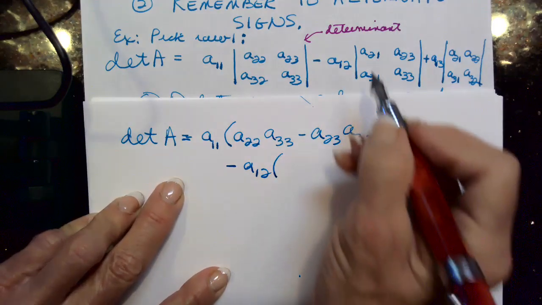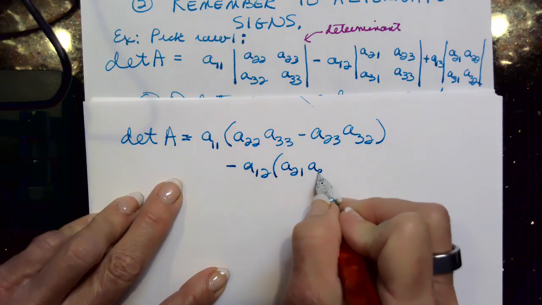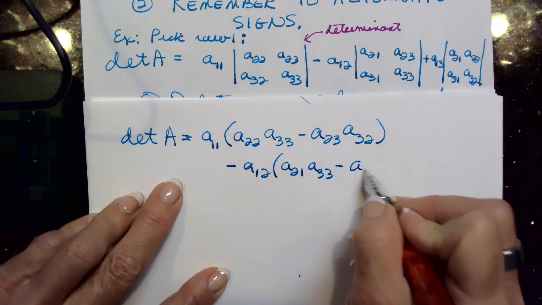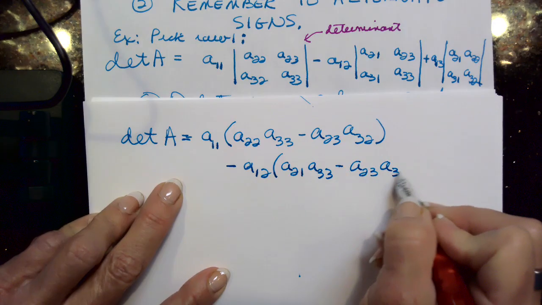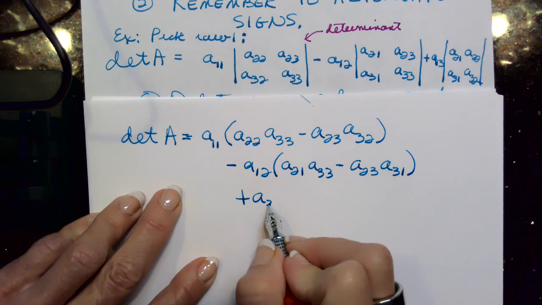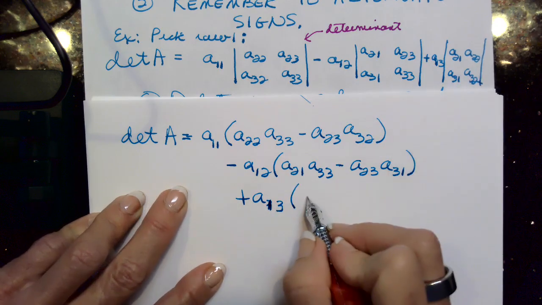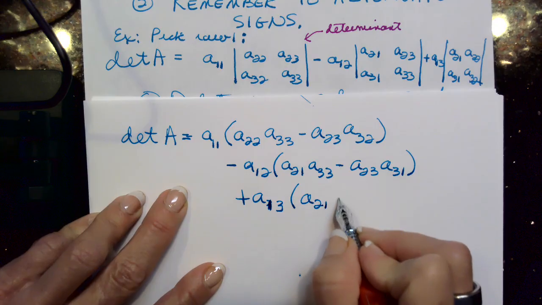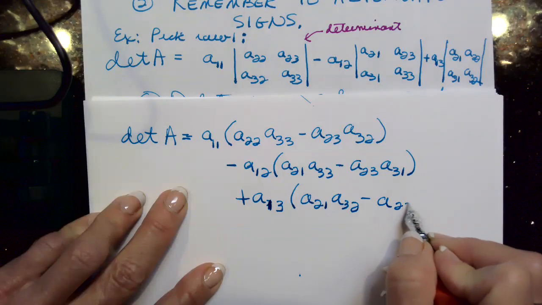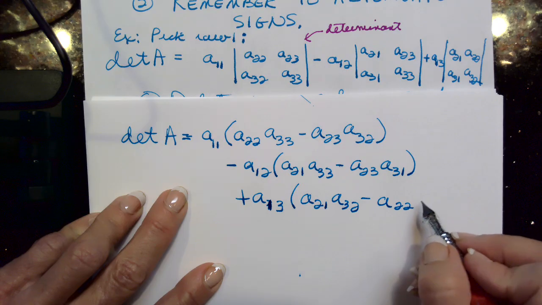And now take the determinant of this 2x2 matrix, which will be A21, A33 minus A23, A31. And then plus A13 times the determinant of that last 2x2 matrix, which is A21, A32 minus A22, A31.